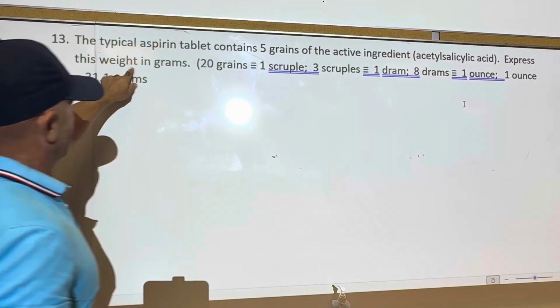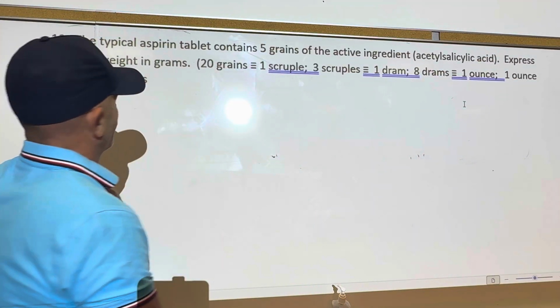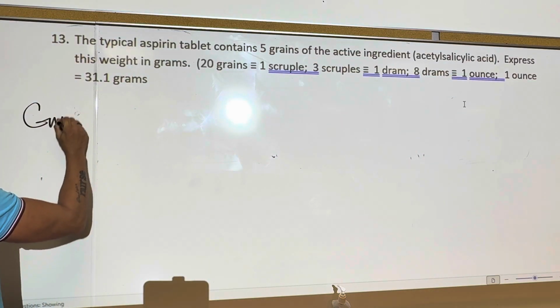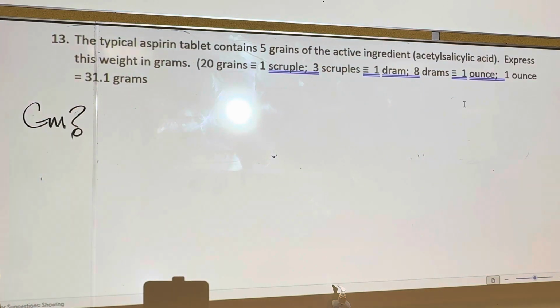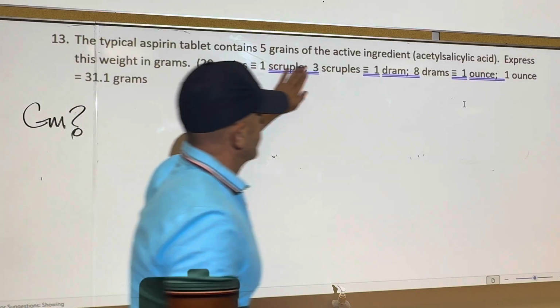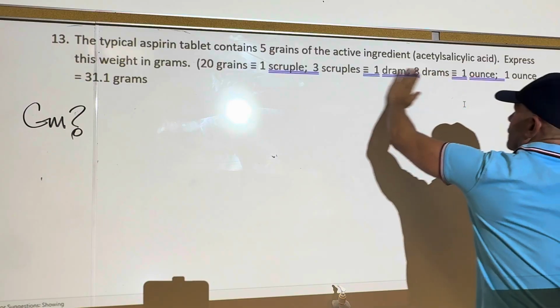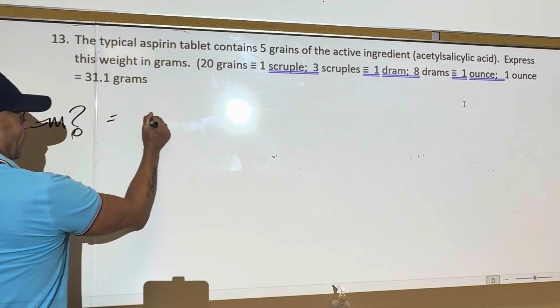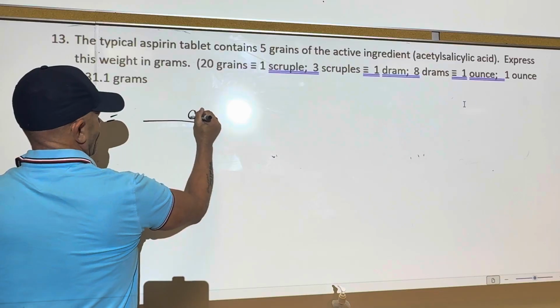Express this weight in grams. They are looking for grams because it says express this weight in grams. So we're going to write grams over here. That's what we're looking for. All right. So we're gonna look through all of our numbers that we got given here. Where do I see grams? Oh, there's grams right there. So we know we're gonna start our first fraction as grams.